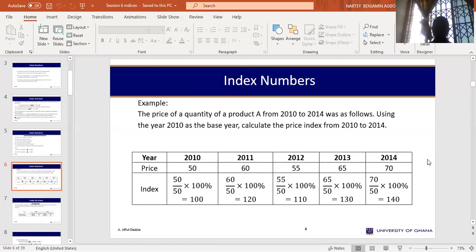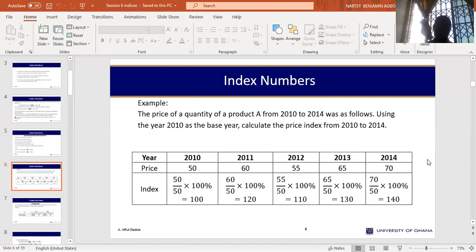So in this case, all the figures relating to 2010 will be represented by P0, and those in the subsequent years, so 2011, will be Pn. We are calculating the price index for 2011 relative to 2010, 2012 relative to 2010, 2013 relative to 2010, and then 2014 relative to 2010.